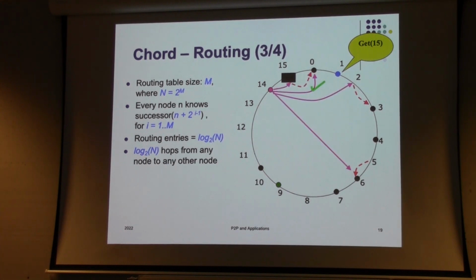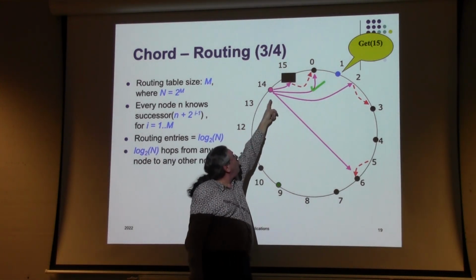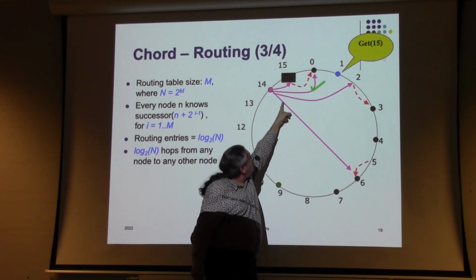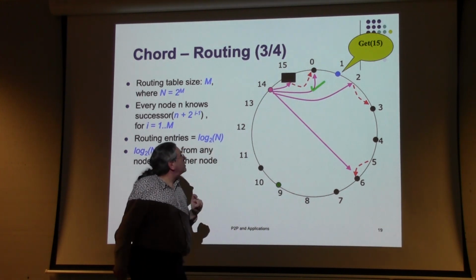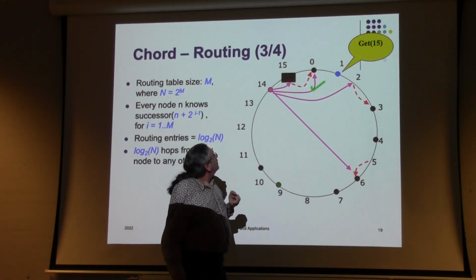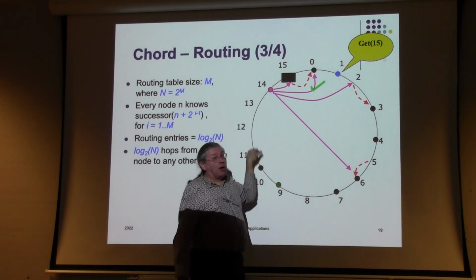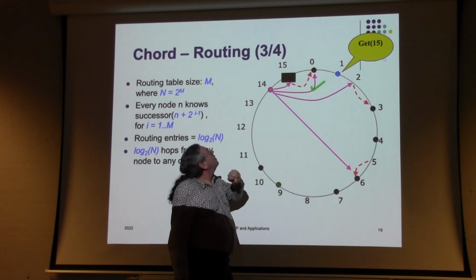So I'm at node 14 now. And now I want to go to 15. Again, I have a routing table with 4 entries, going to 0, 0, 3, and 6. But 15 wraps around, modulo, so 15 will be stored at 0.